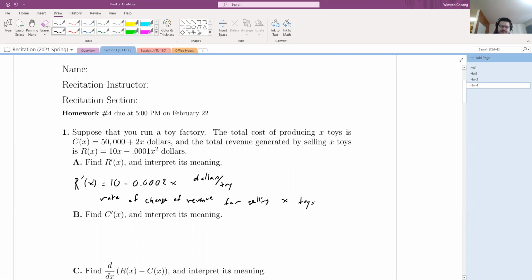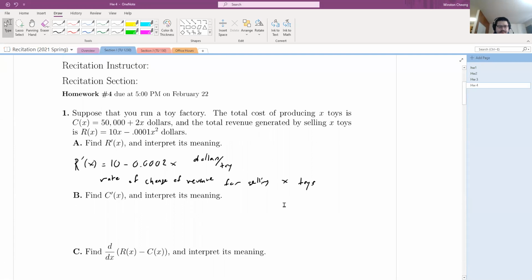Right, that's basically what this function R prime represents. I don't know necessarily if there might be other ways of phrasing this answer, but it should roughly be something like this.